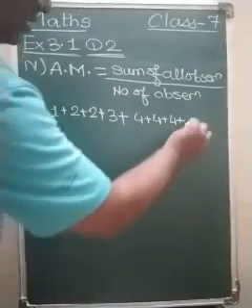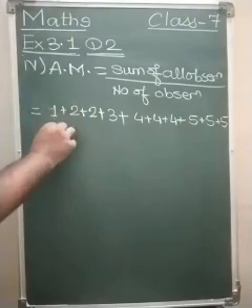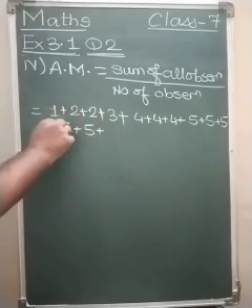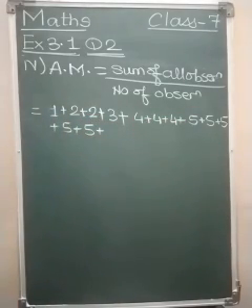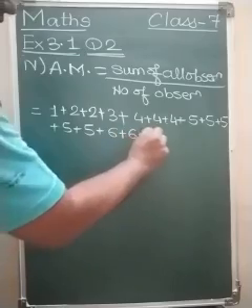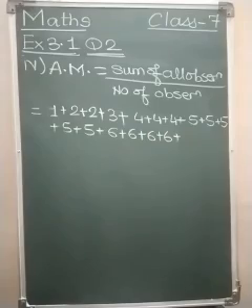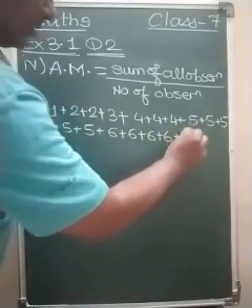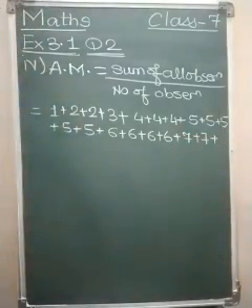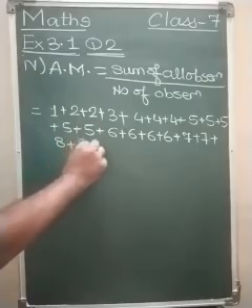Plus 5 marks was scored by 5 students, so 1, 2, 3, 4, 5, plus we just have to add it, 6 marks was again scored by 4 students, 1, 2, 3, 4, plus 7 marks was scored by 2 students, 7 plus 7, 8 marks by 1 student, plus 9.